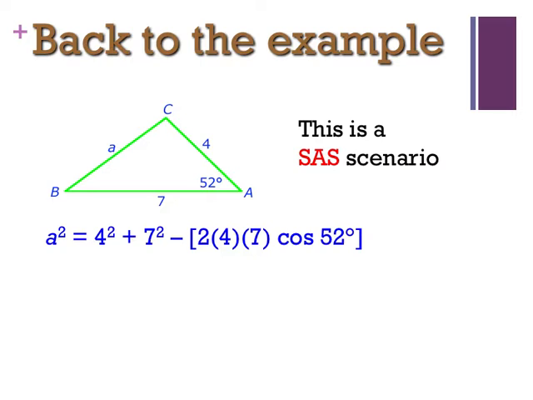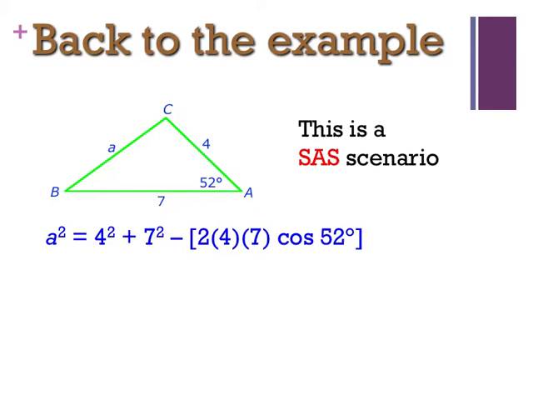And once I'm done with that, I'm done with the geometry. The side angle side scenario is really nice because once you identify the stuff like we've already done and you plug the stuff in, you'll notice that's a nice, easy equation. In fact, I can plug that whole thing into my calculator. So go ahead, plug that whole thing into your calculator.